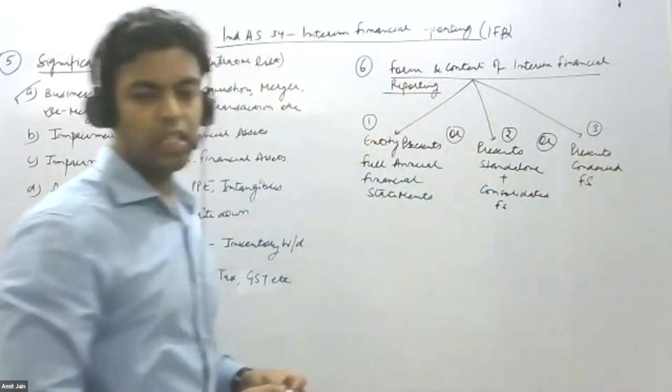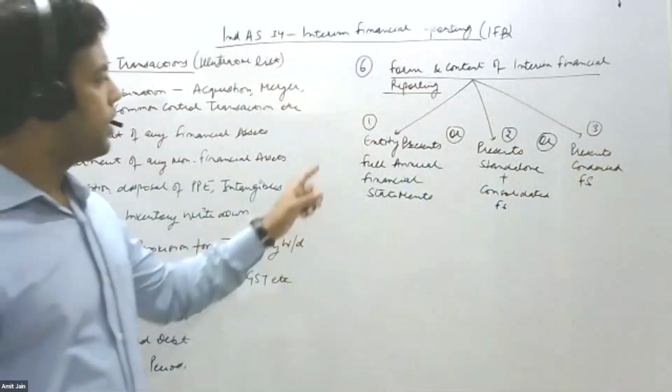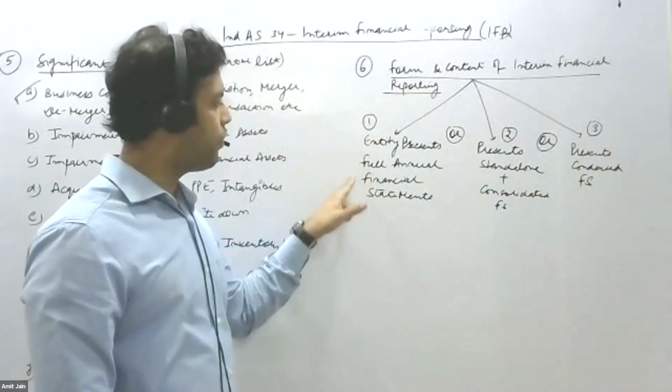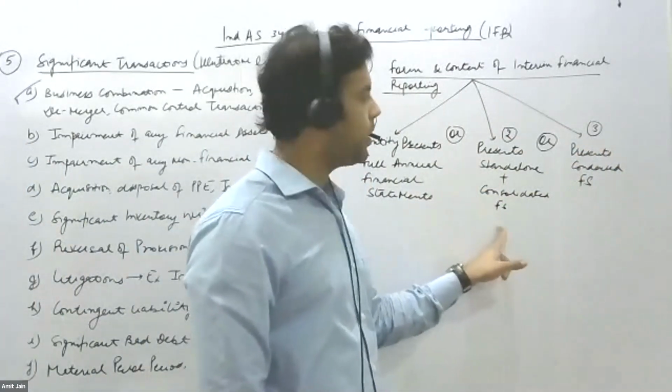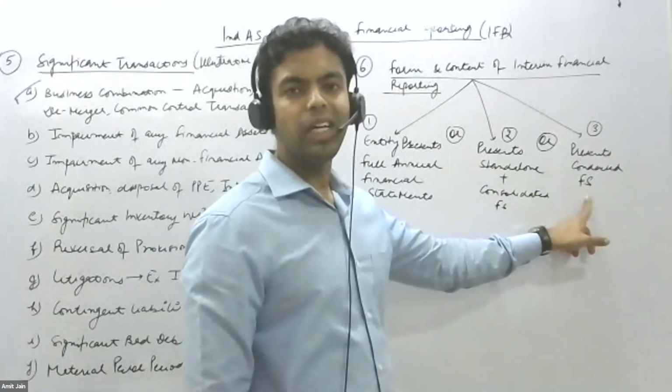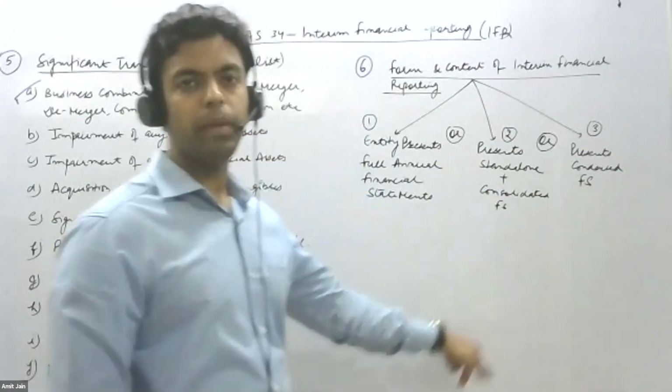So these are the three scenarios which are possible, where the entity presents the full annual financial statements, where the company presents the standalone and the consolidated financial statements, and where the company presents the condensed financial statements. So what will happen in this case?